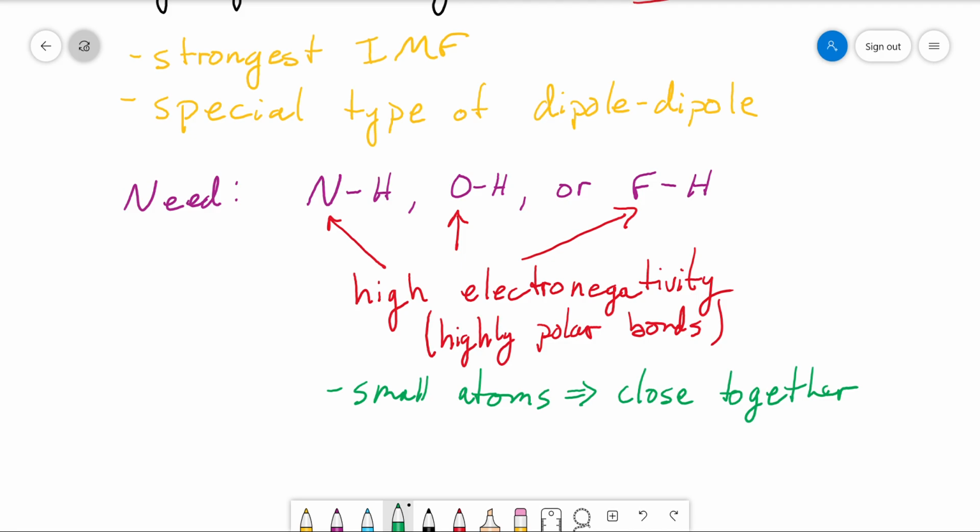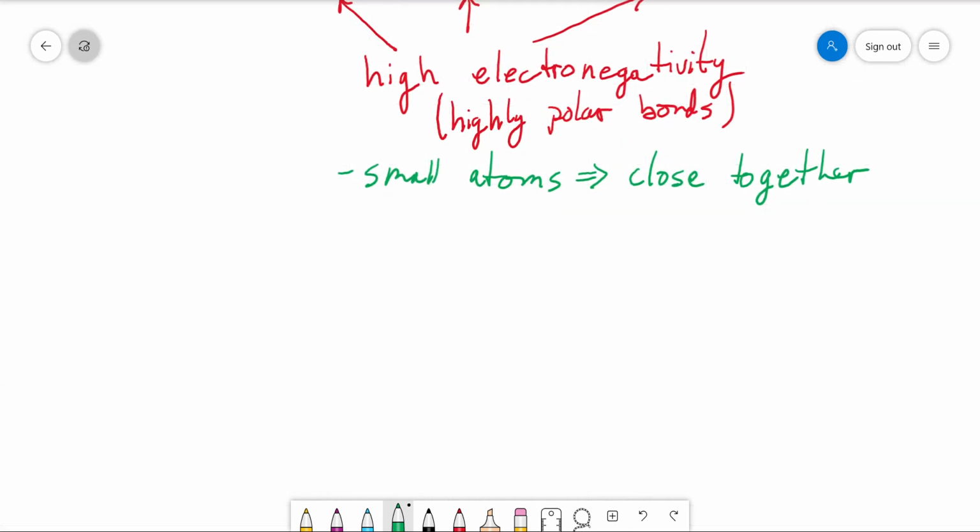If you can get two magnets close together, they're very difficult to pull apart. They hold very, very tightly. Get those same two magnets just a little bit further apart, and they're very easy to separate. Same thing going on here. Nitrogen, oxygen, fluorine, all three are small. Hydrogen is small. So these groups can come very close to each other, and therefore they have a very high attraction to each other.